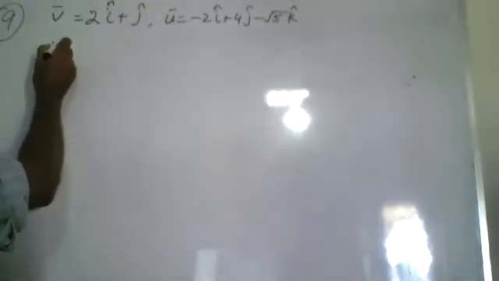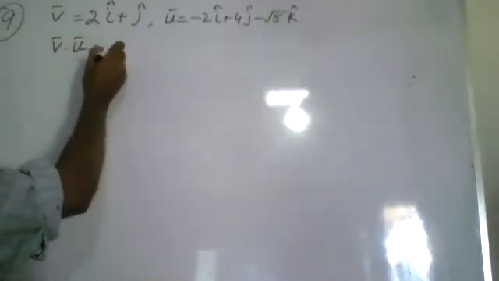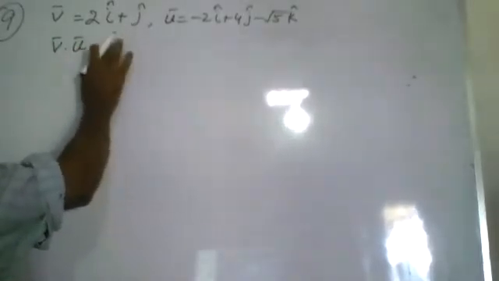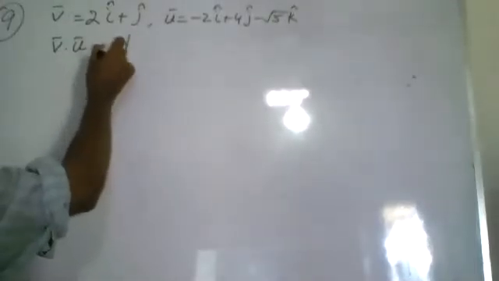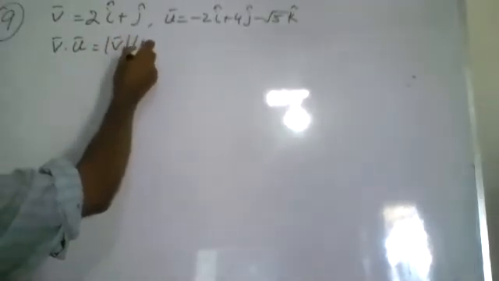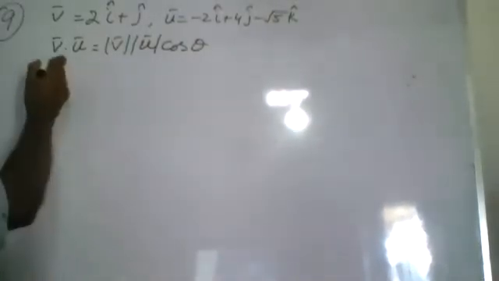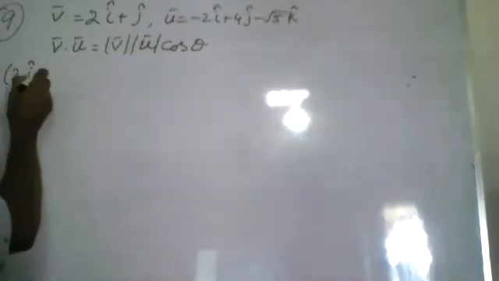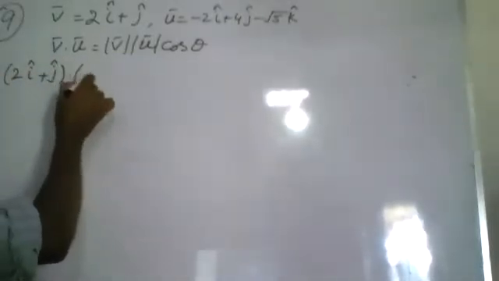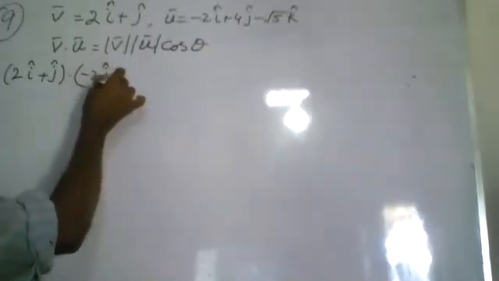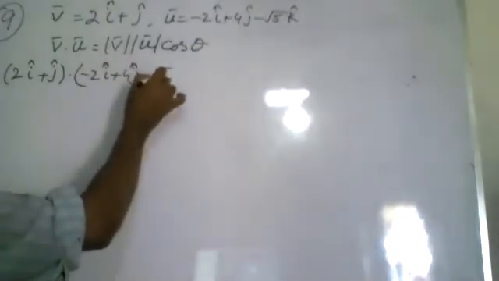So we'll take the dot product V dot U, which is the magnitude of V, magnitude of U into cos of theta. V is 2i plus j, dot minus 2i plus 4j minus root 5 k.